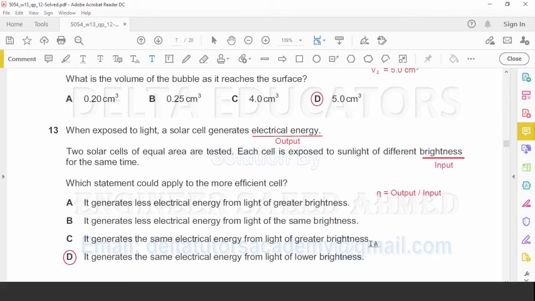But in C, the input is more, since greater brightness means input is more. Whereas in option D, lower brightness means input is less. So efficiency in D will be more as compared to C. So we can say the more efficient cell is given in option D. So the correct option is D.